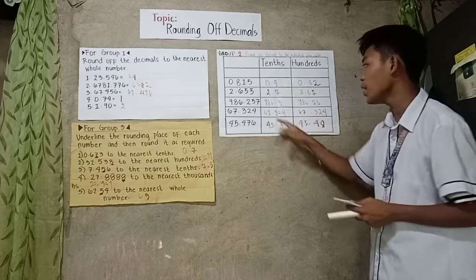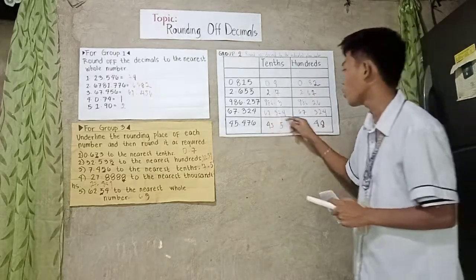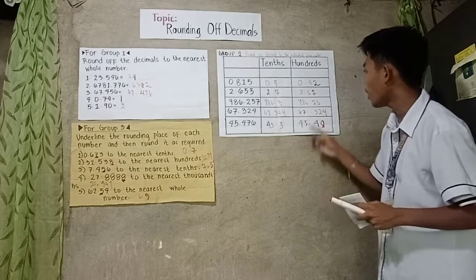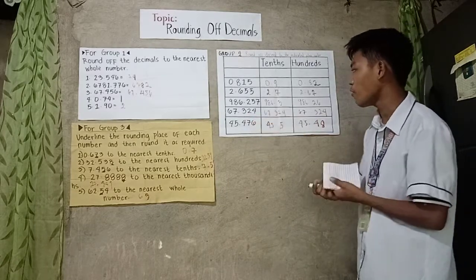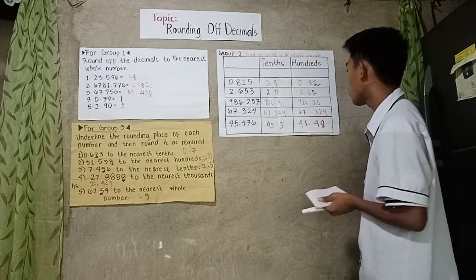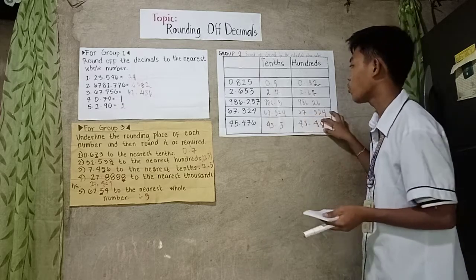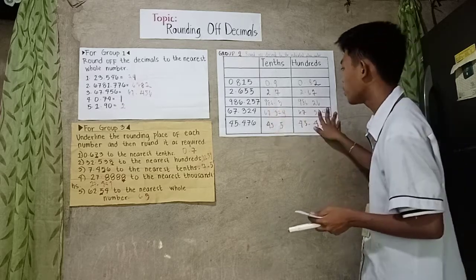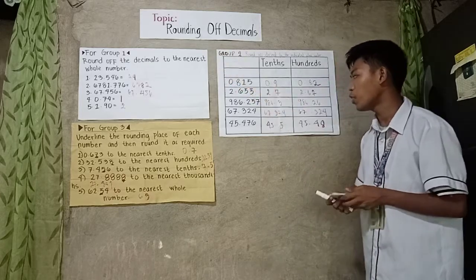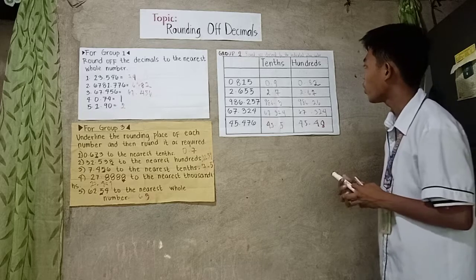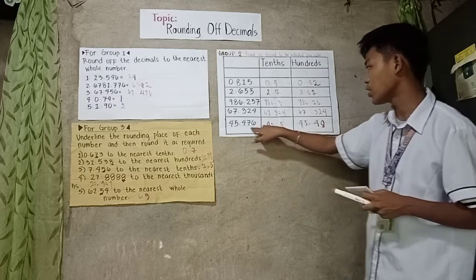The answer would be 67.324. For the hundreds, we have ones, tens, hundreds. So from 667.324, it will become 67.324. So there's no changes at all. It will still be the same. Lastly, 45.476. You are to round to the nearest tens.